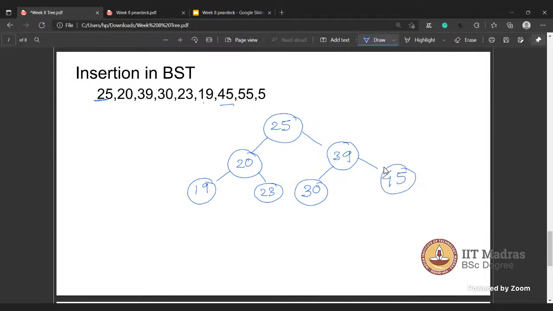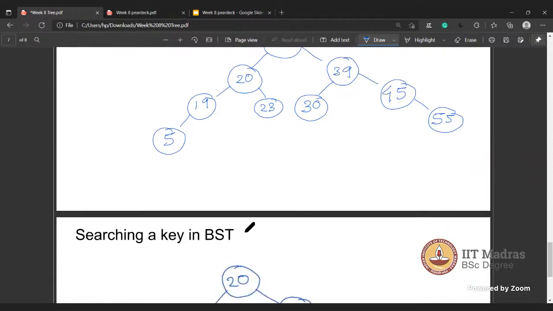Then 55, right side of 45. Then 5, left side of 19. So everyone got insertion in BST?